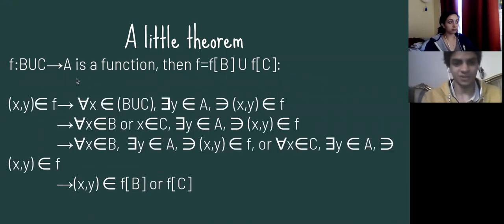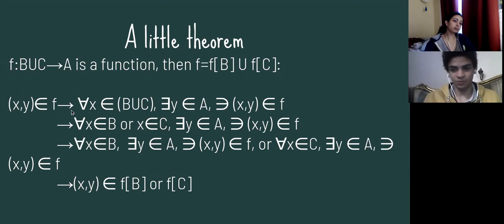So now proceeding to the proof. If I have xy belonging to f, so the regular method, I assume that xy belongs to f. What this means by the definition of the function that we expressed last session.